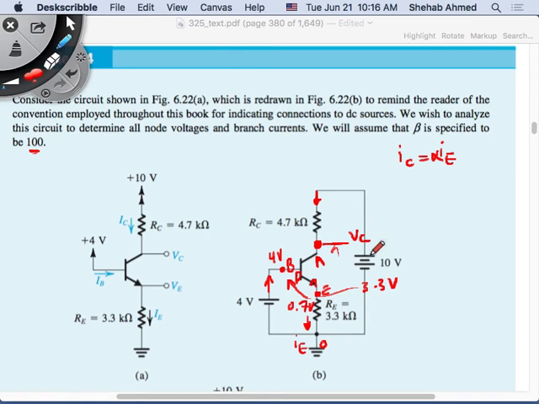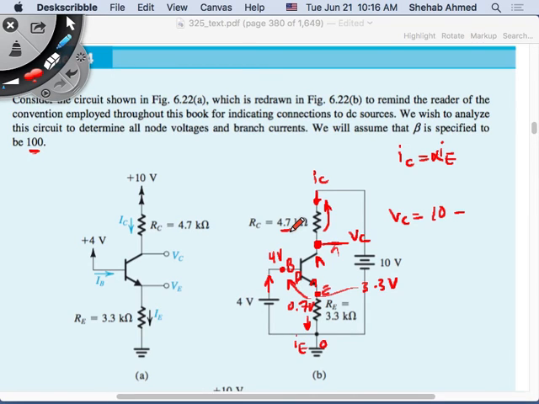So then VC is equal to what? 10 volts minus the voltage drop across this resistor, which is equal to the current that you've calculated, IC, multiplied by the resistor value, right?